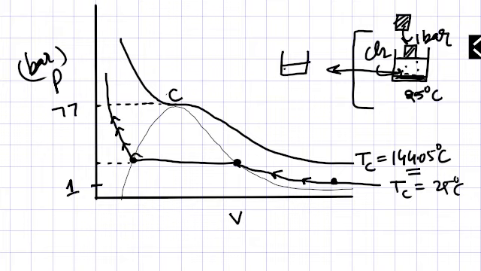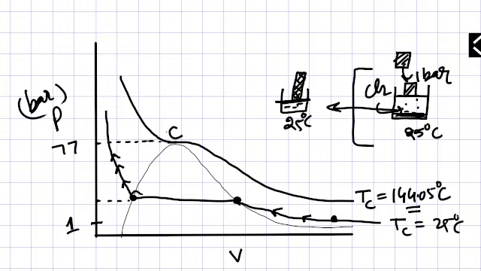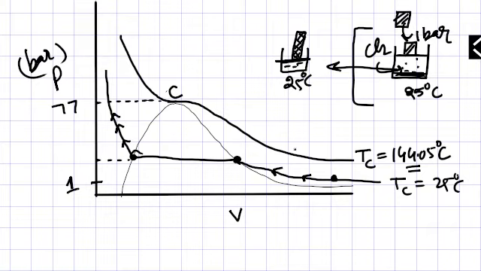Your piston will be here, and you will have created high pressure to reach this point, at 25 degrees centigrade. This way you can understand how the state moves on an isotherm. You are not changing the temperature, you are just increasing the pressure and getting liquefied gas.